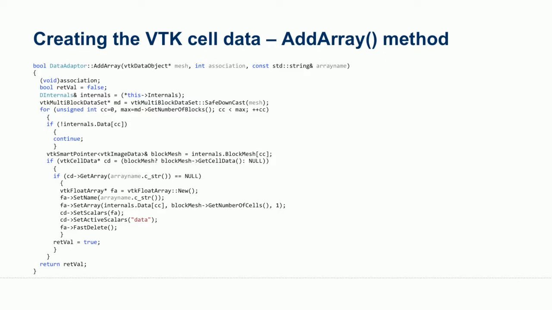For example, if you connected a reader to a vector magnitude computation, then that vector magnitude computation would call get active scalars, and that array would be used to compute the magnitude.